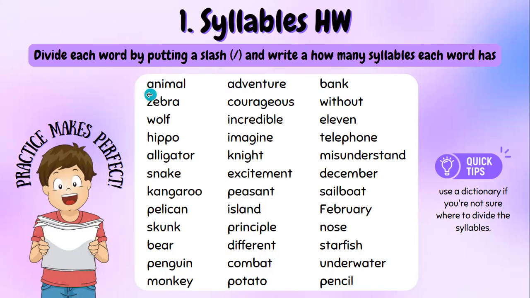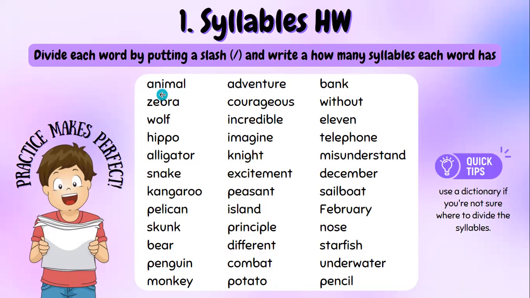Now let's divide it. First, we hear the sound A, and since it's a short A sound, we know we have to close the syllable. We do this by putting the next letter, which is N, after the A. And now we have a closed syllable, and that's the first syllable, and we divide it off from the rest of the word.